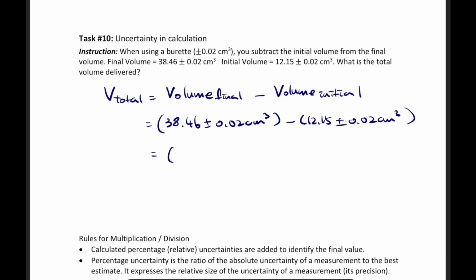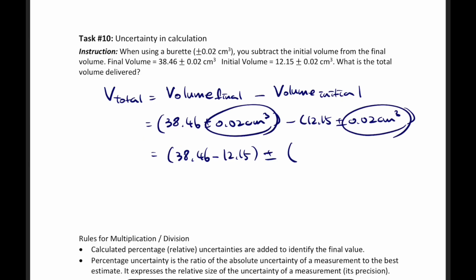This is the same as 38.46 minus 12.15, plus minus, adding the uncertainties together, 0.02 plus 0.02 cm³. Then the final answer is 26.31 plus minus 0.04 cm³.